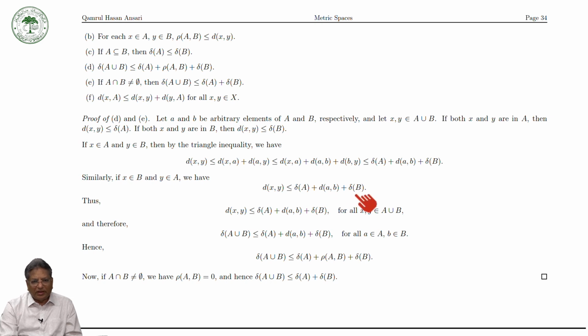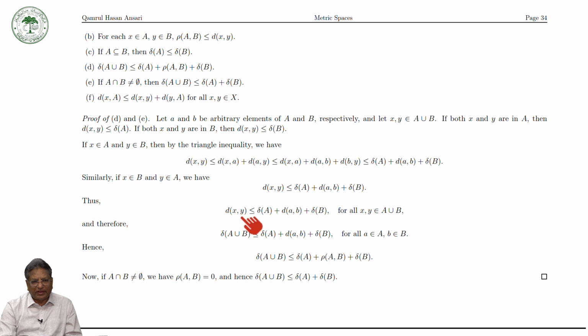So from here we can see that d(x,y) is less than or equal to diameter of A plus d(A,B) plus diameter of B for all x, y in A union B. And therefore this is true for all x, y. So we can take the supremum on both sides.